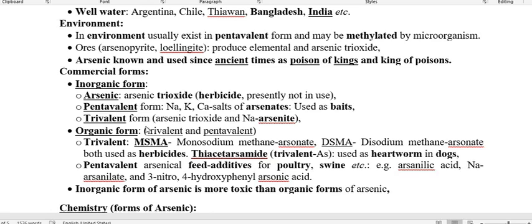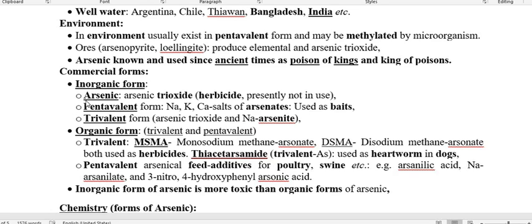The trivalent forms include arsenic trioxide, as I mentioned earlier, as well as sodium arsenite, and many other inorganic forms.